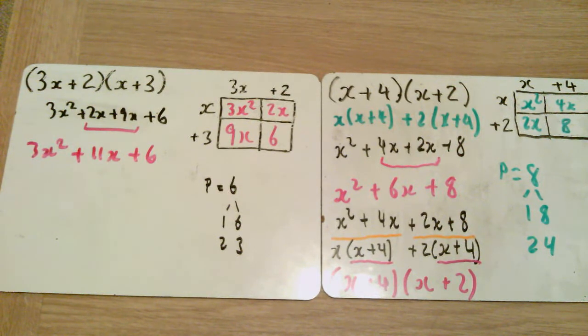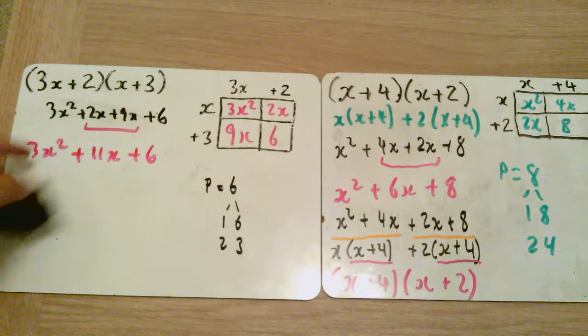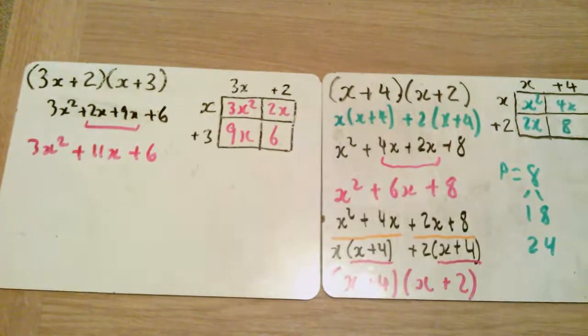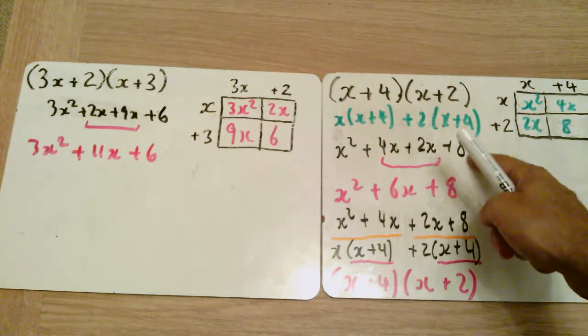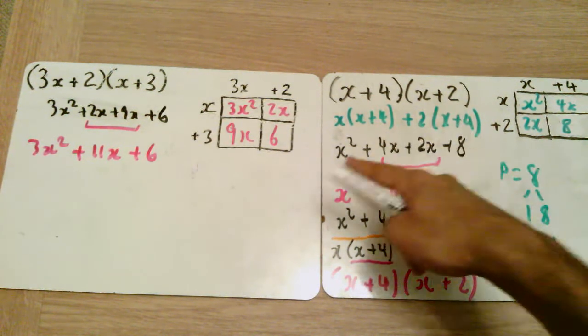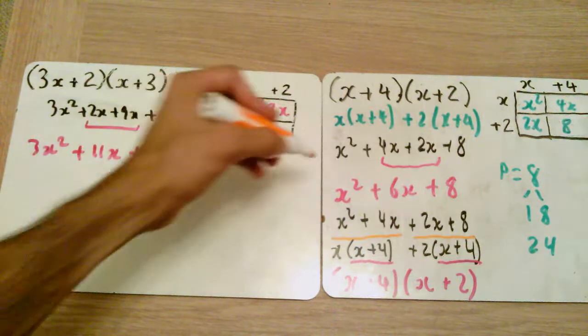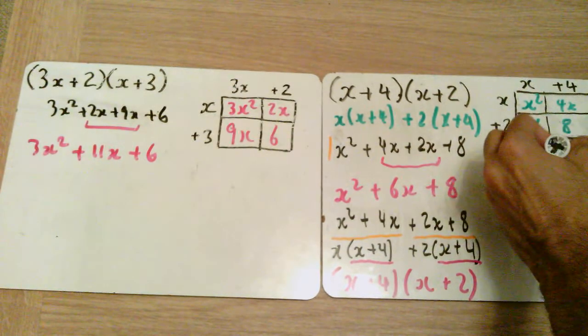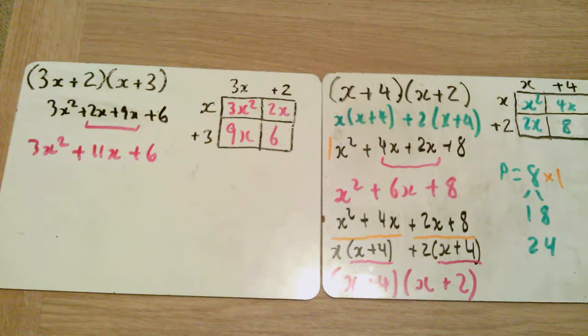However, we said we can use this method called the AC method. Things have changed because of this 3. Now, if we go about this again, the product is not going to be 8. Over here it was 8, but actually it's 8 times the 1 over here. 8 times 1 is still equal to 8.